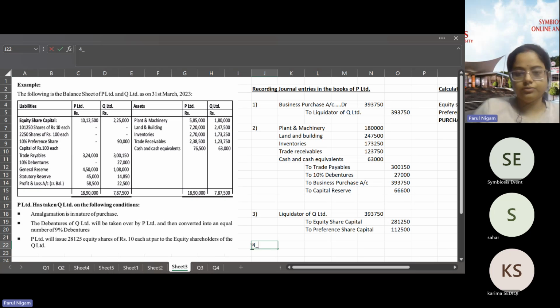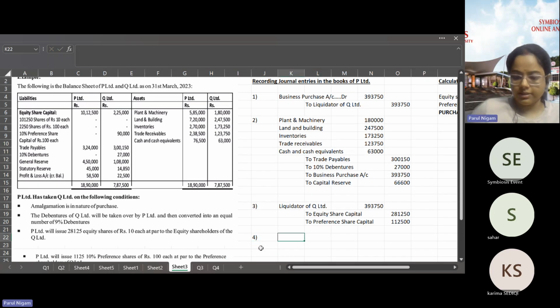So, what we are going to do is we are going to debit that 10% debentures, that is 27,000.